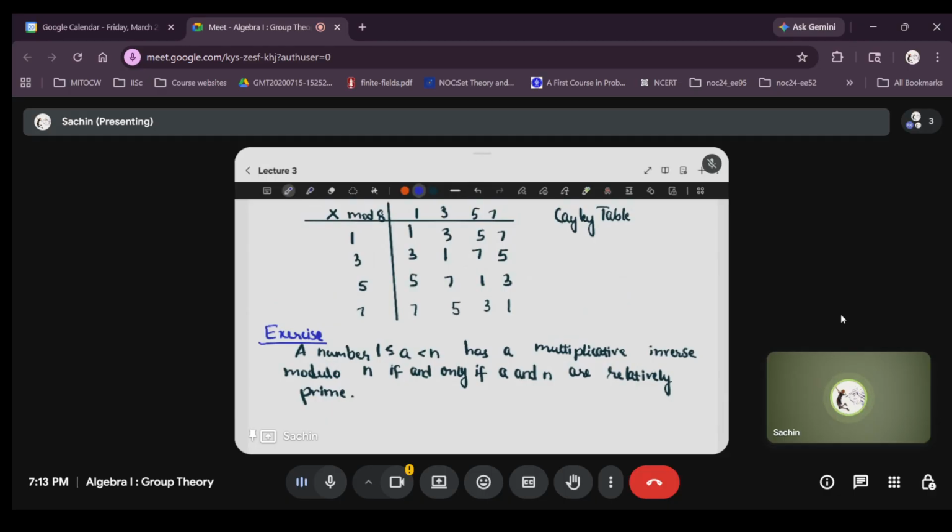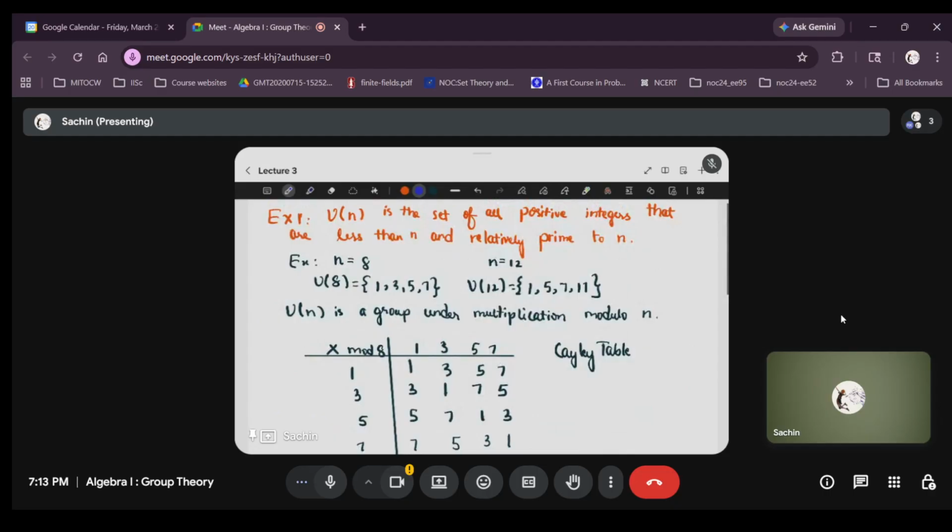So similarly here, Zn, which is 0, 1, 2, 3 up to n minus 1, it is a group under addition mod n always, but under multiplication modulo n, all the elements might not have a multiplicative inverse. So we remove all the elements that don't have a multiplicative inverse. And that gives you the group U of n.